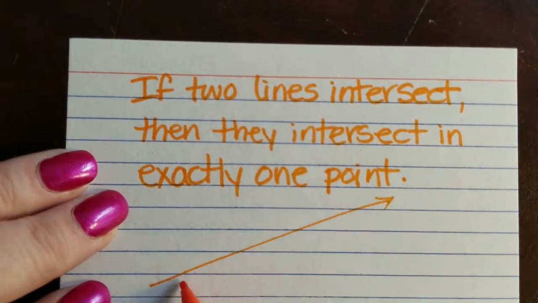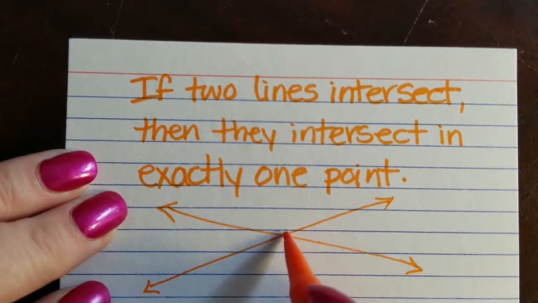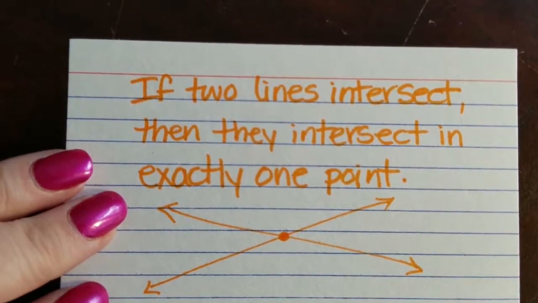So I've got a line here, and I've got a line here. Their intersection is just 1 point.